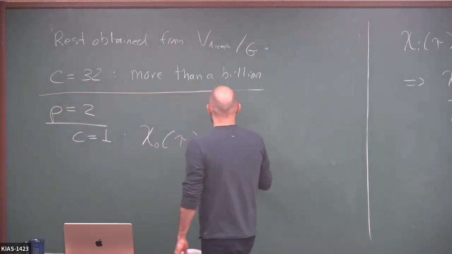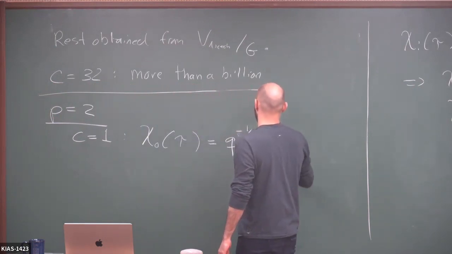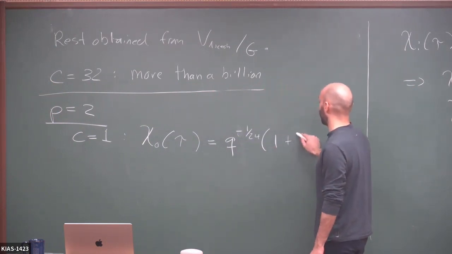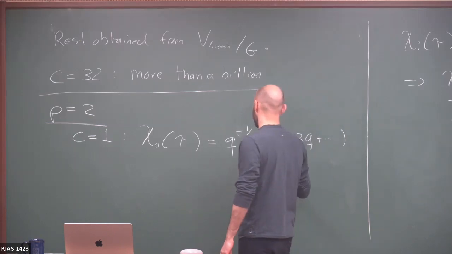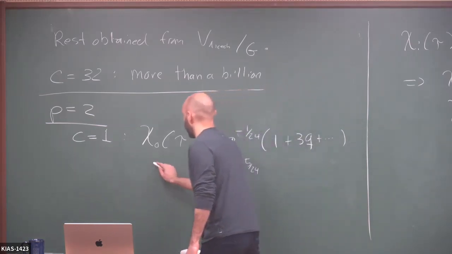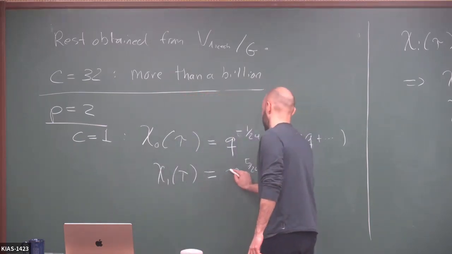So in the vacuum sector, it looks like this, unique vacuum. I'll explain the 3 in a minute. And then the other character is 2Q.